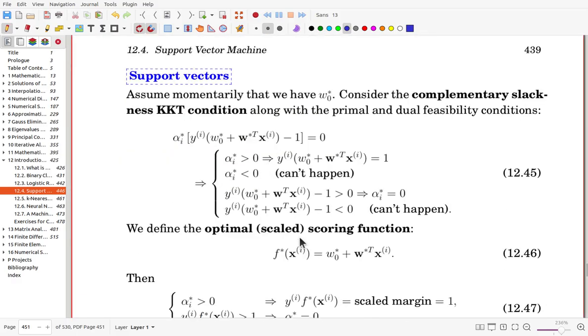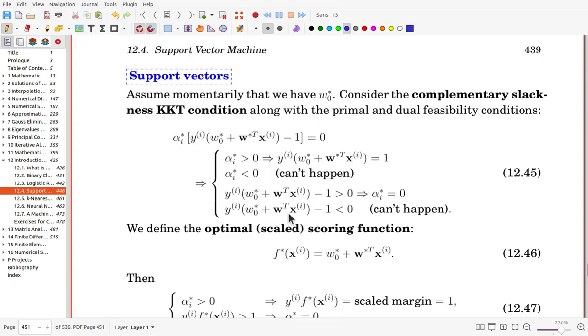And now here we consider the complementary slackness KKT condition, this equation. That means that if alpha i star is positive, then the other side must be 0, so it must be 1. And it cannot be negative, because when we solve the problem, we always try to get alpha i star non-negative. It's impossible. Now, if it is loose, then the Lagrange multiplier must be 0 to satisfy this equation.